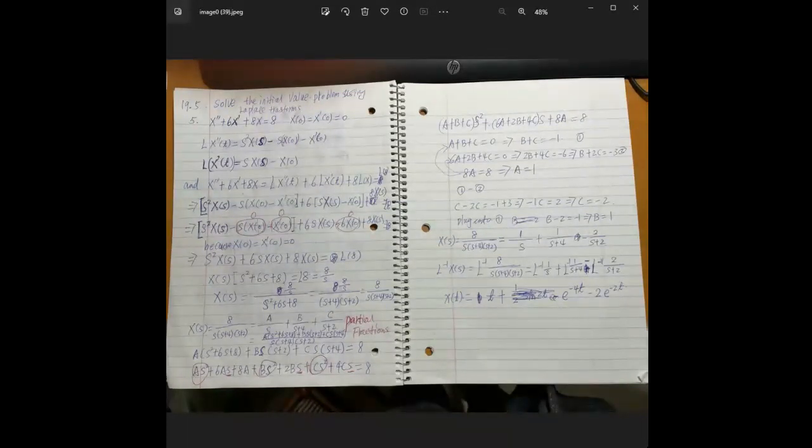And then finally, the denominator has a 3 factor, so we use the partial fraction. We have 3 parts, A over s, B over s plus 4, plus C over s plus 2.